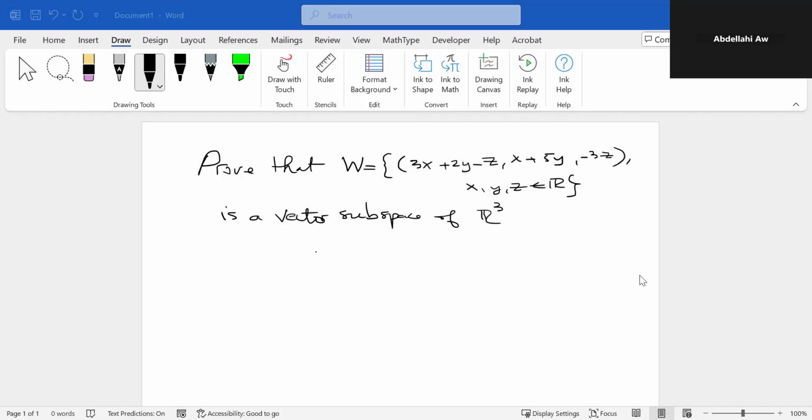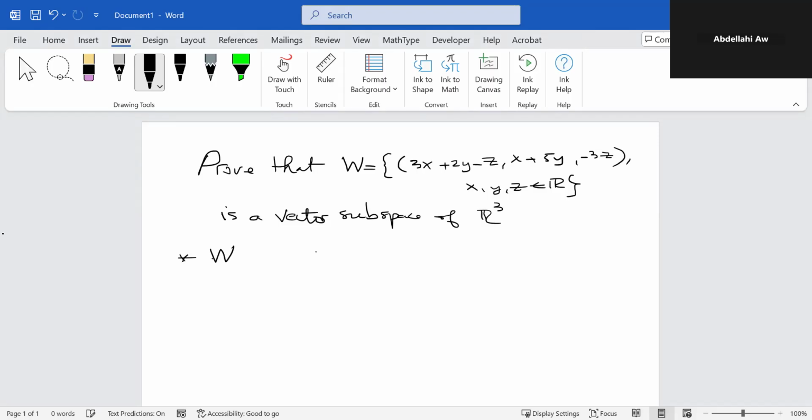Okay, so for the vector subspace, we're going to verify three axioms. W is not empty, W is closed under addition, and W is closed under multiplication by scalar. So we're going to verify here the three axioms.